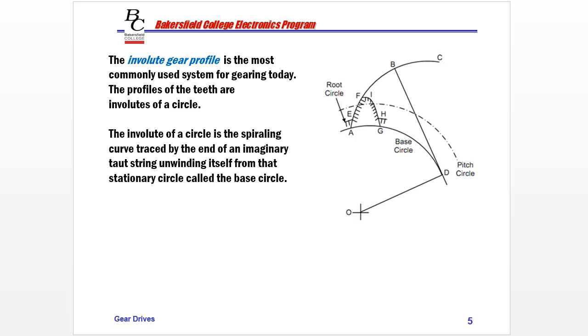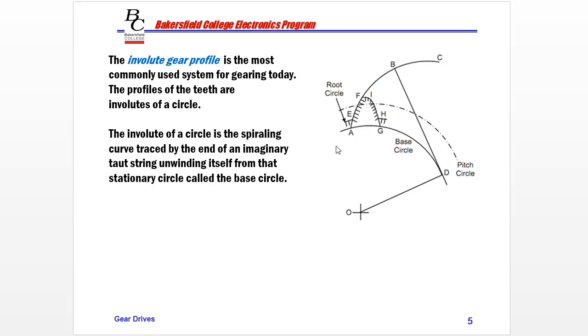For gear systems today, the involute gear profile is the most commonly used system. The profiles of the teeth are in an involute circle. So this is what we're talking about, this involute circle right here. From this point A of the root circle of the base of the gear, it's coming off.